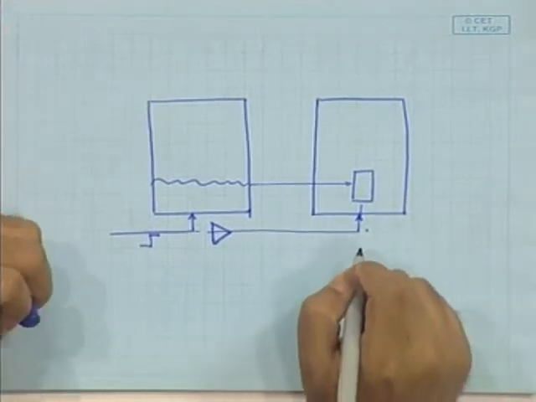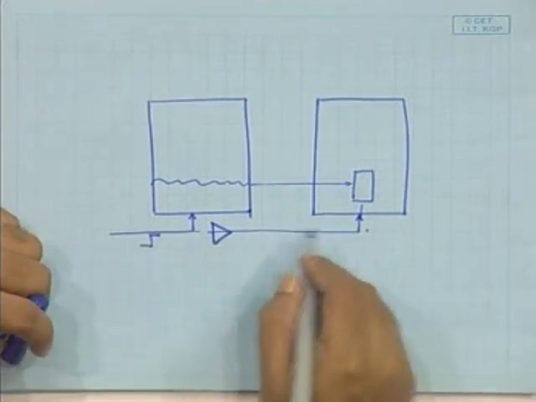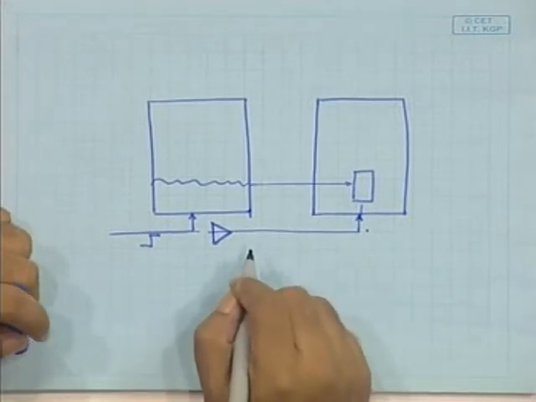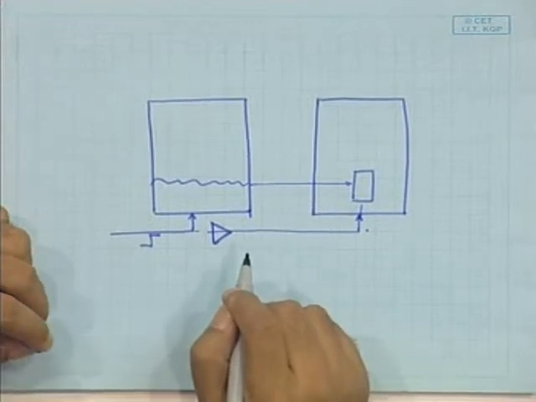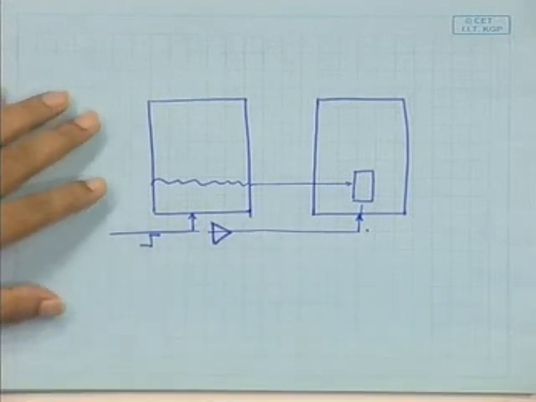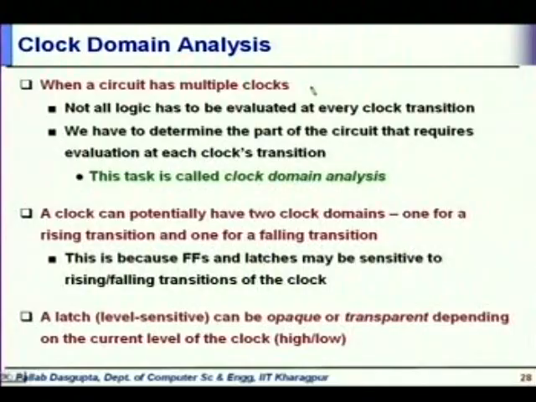Sometimes this is intended, and sometimes this happens because the clock path is so large that even if you do not want a delay, there is a delay in the clock. So, which is called a clock skew, right. In any case, what this results in is that in your design you can have multiple clocks.